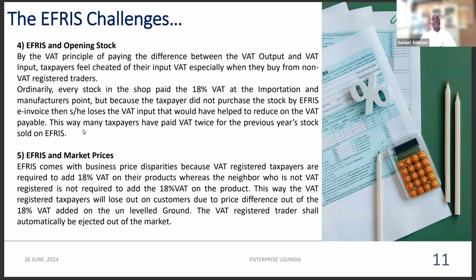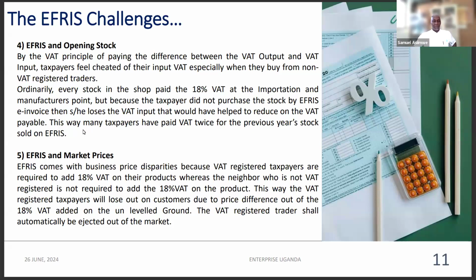But this is where the challenge is coming in: the opening stock of most of the shops in the country had paid 18% to the government. Unfortunately, they bought the stock from non-VAT registered businessmen.